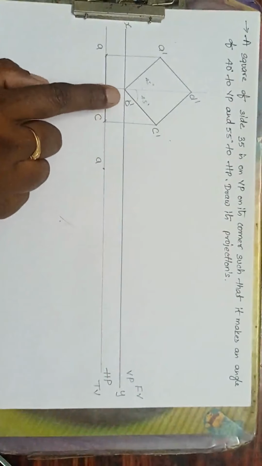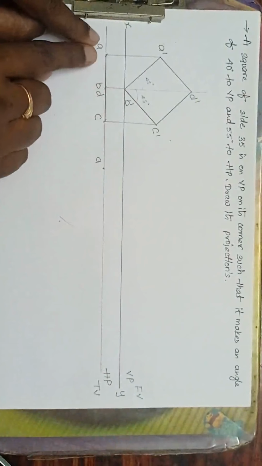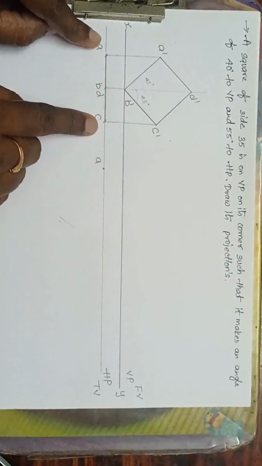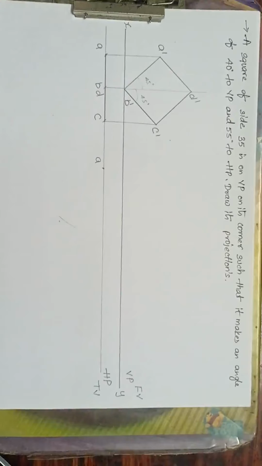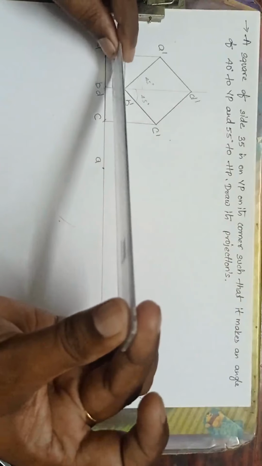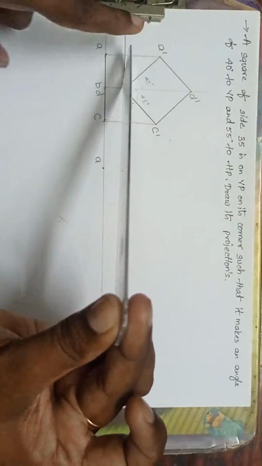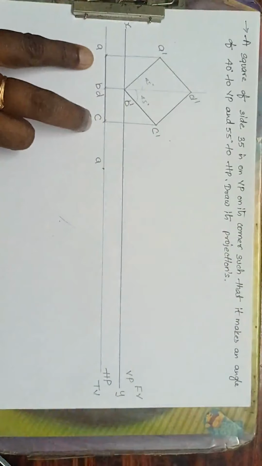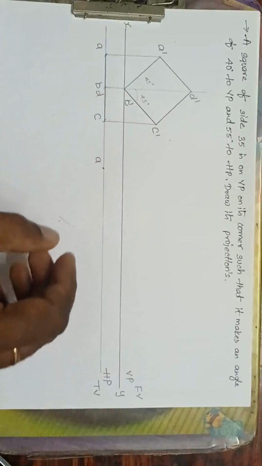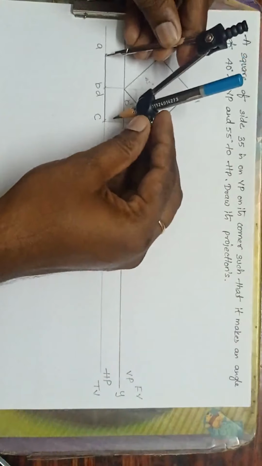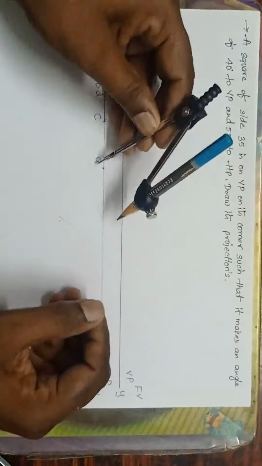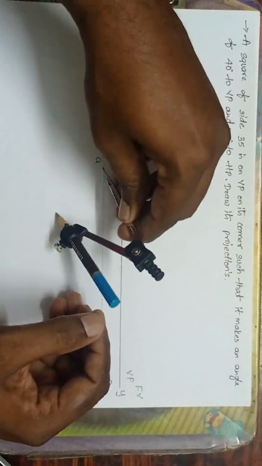Okay, most of the people have the doubt, sir, how will it come as the diagonal, the length of the diagonal. See, if this is on the corner like this, from the top I can observe the diagonal only, not the side. So I have taken a radius A to C, A as the center, and drawn the curve.